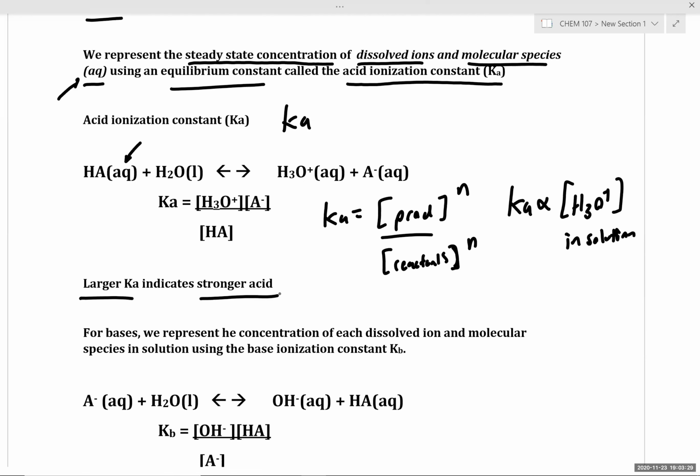So the bigger your Ka value, the stronger your acid. Strong acids dissociate readily, make a lot of product, make a lot of H3O plus. More H3O plus is on the top, bigger Ka, stronger acid.